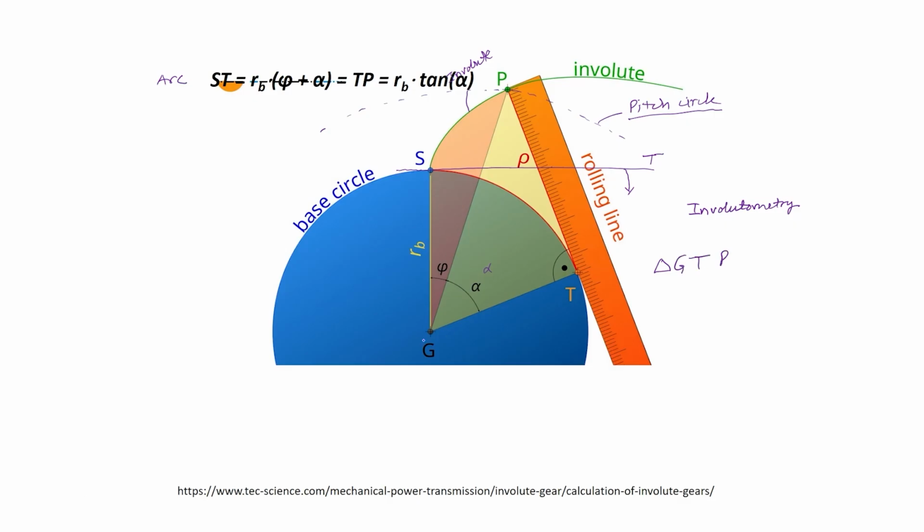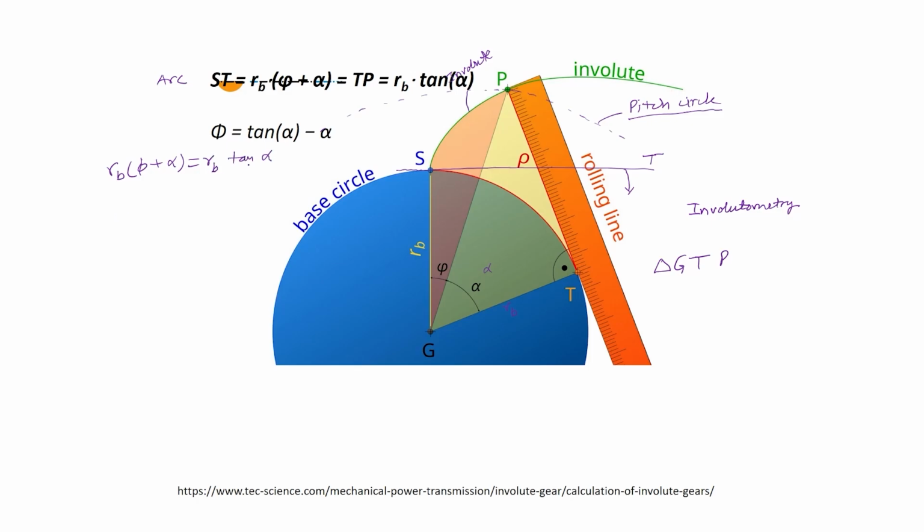From this triangle, your PT is equal to RB tan alpha, where GT is RB. And so, we have a relationship: RB times phi plus alpha is equal to RB tan alpha.